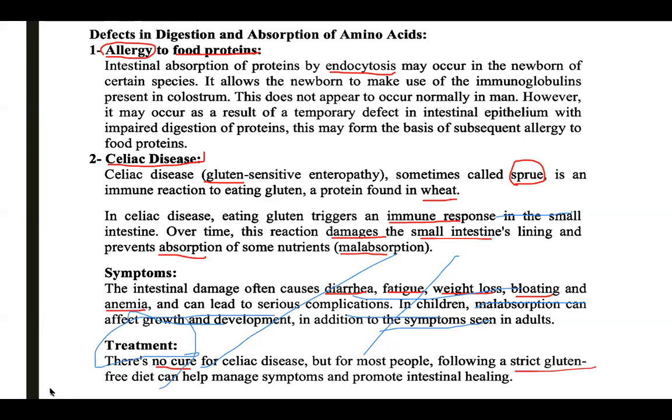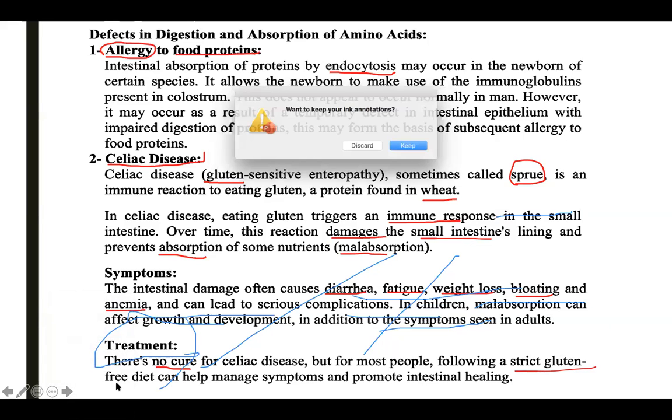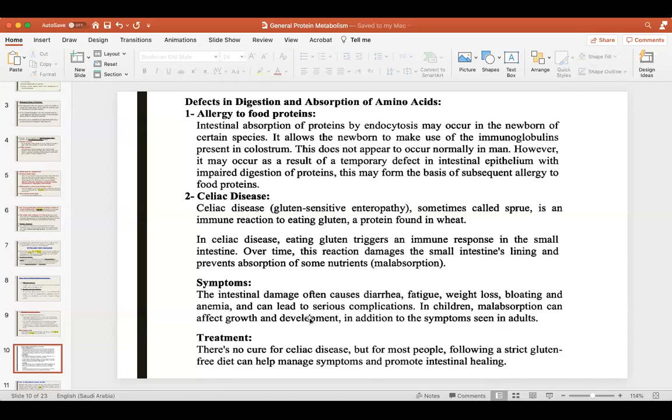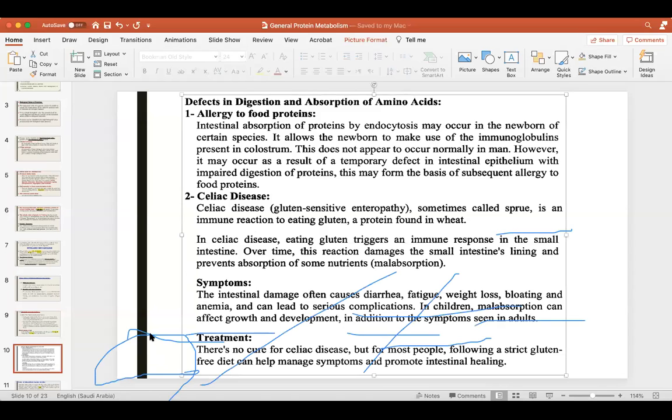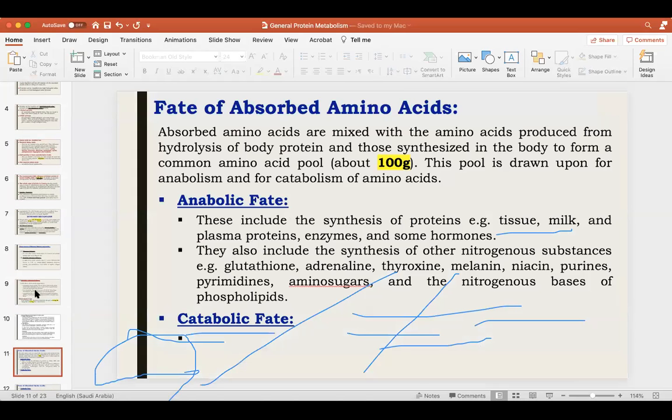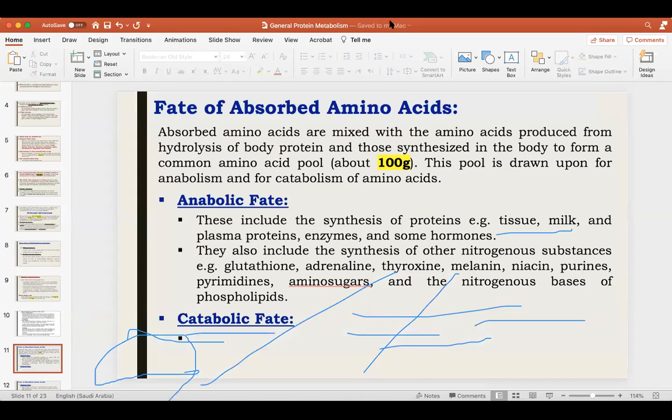I don't know why these blue lines appear. Okay? I will stop here and ask you. Unmute all. Do you hear me clearly?